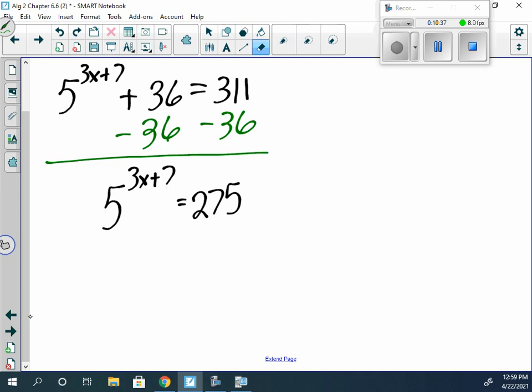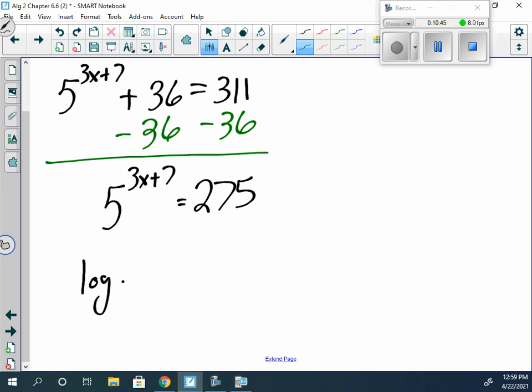So, well, yeah. We're going to apply log base 5 to both sides.